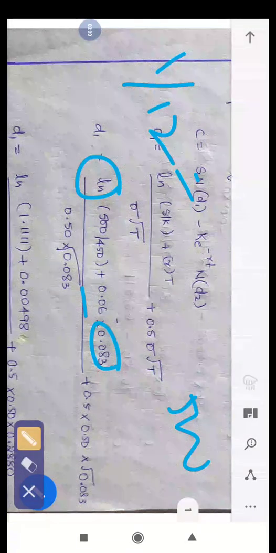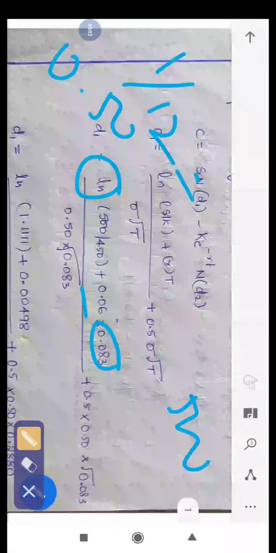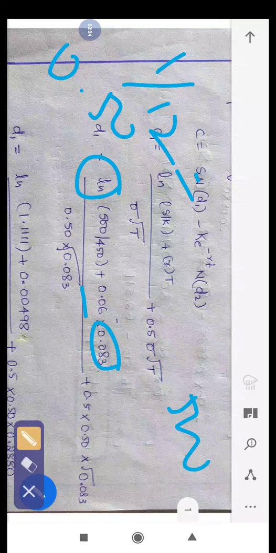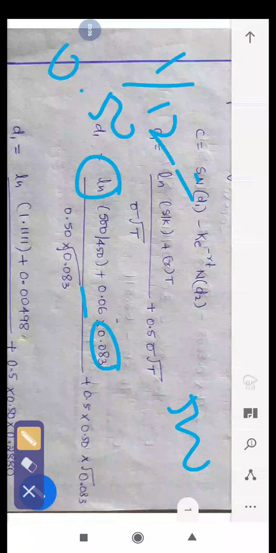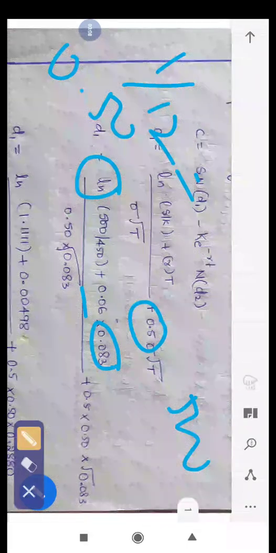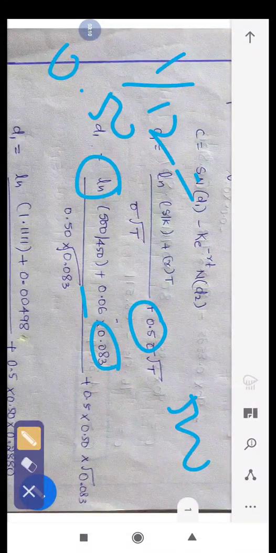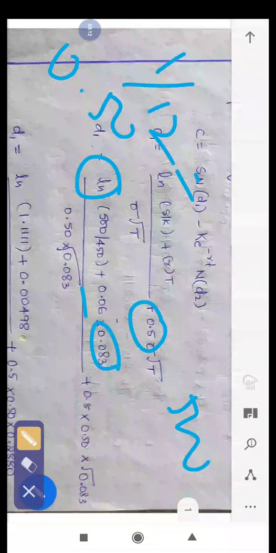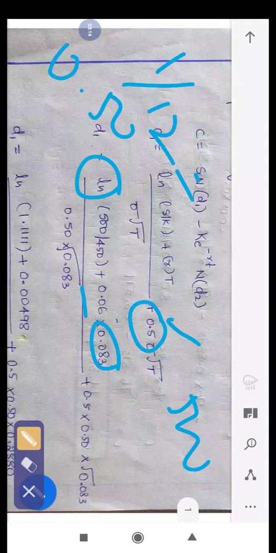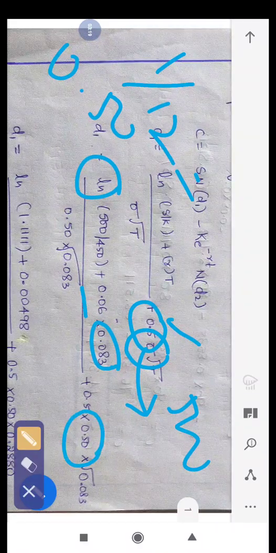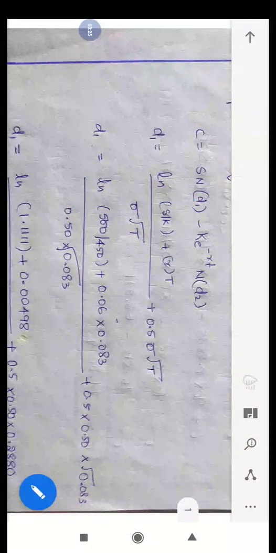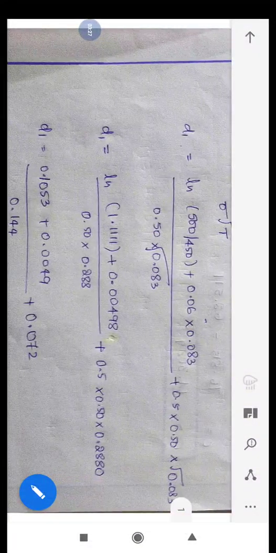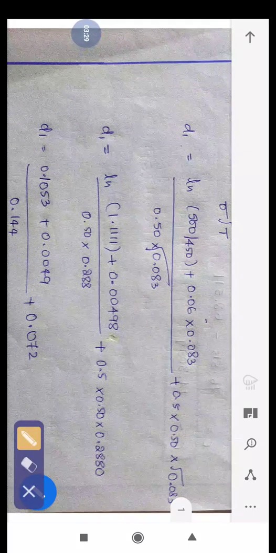Next, standard deviation given in the problem is 0.50, so 0.50 into root of 0.083. Plus 0.5 into 0.5, standard deviation also given as 0.50, into root of T, that is root of 0.083. Ln we take as it is, so this is the log.